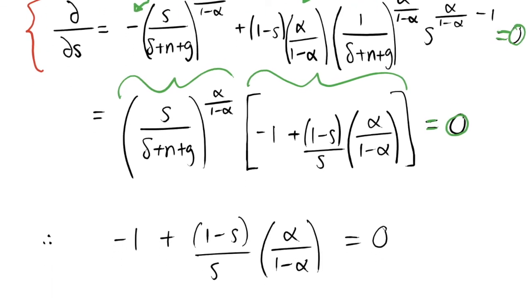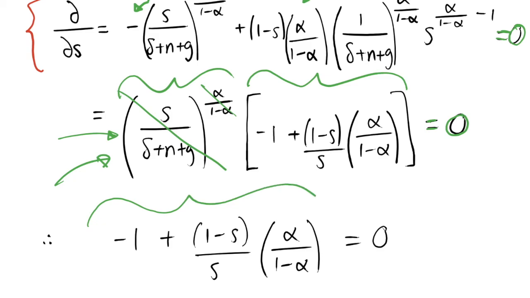So what we can now do with this is just divide through by this S over delta plus N plus G term, also raised to the power, and we can do this because we know that this is not 0, so we can divide by it. It's obviously not 0 because we know that these parameter values, S is some positive value, and so we're left with this simpler expression.